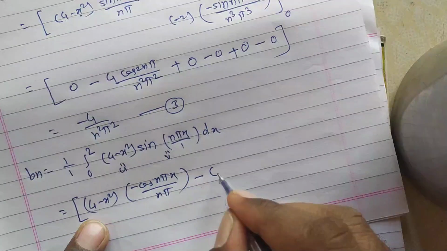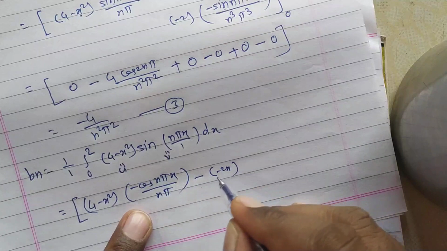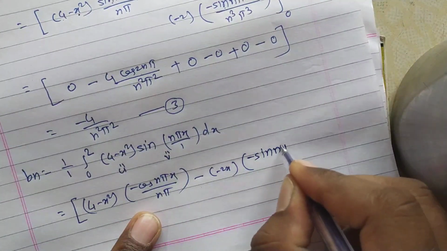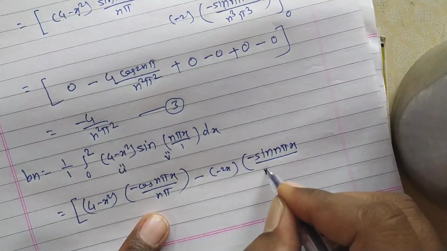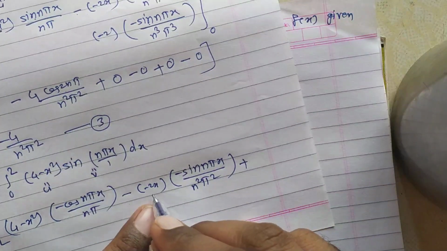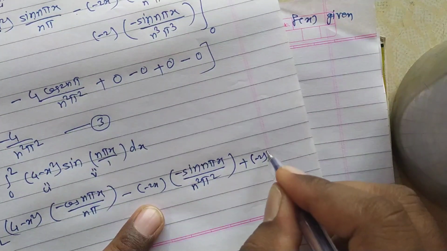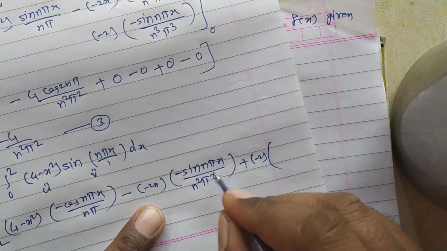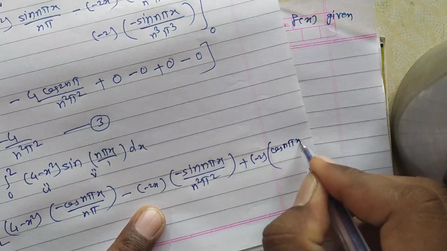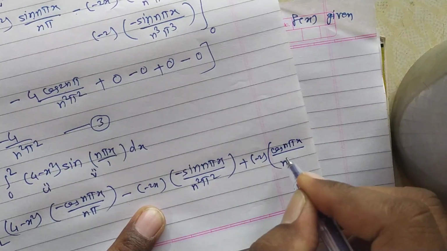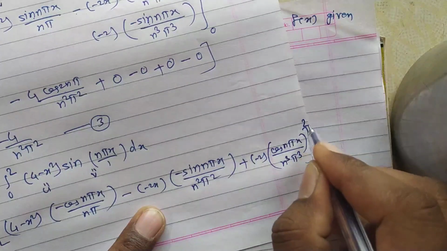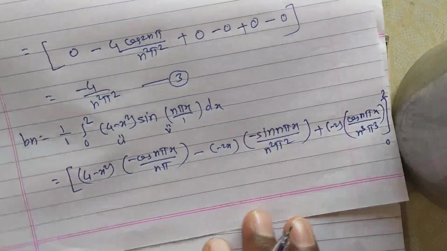So the derivative of the first term is minus 2x into integration of minus cos, which is minus sine n pi x upon n pi into n pi, that is n square pi square, plus the derivative of minus 2x, which is minus 2, into integration of minus sine. Integration of sine is minus cos, so minus minus plus cos of n pi x upon n pi into this, that is n cube pi cube, and the limit varies from 0 to 2. So put the upper and lower limits here.